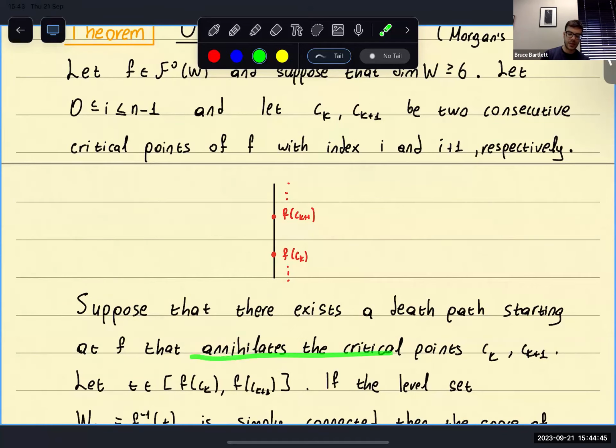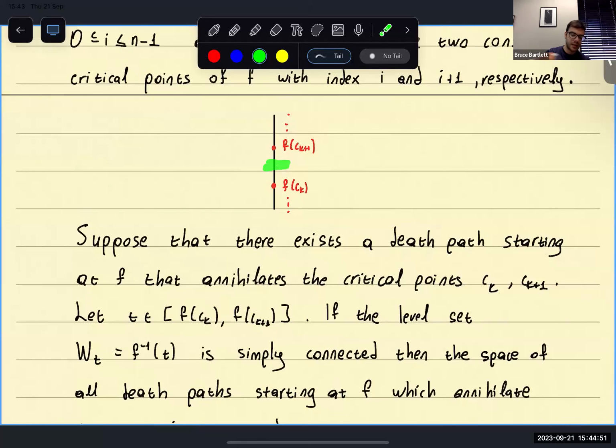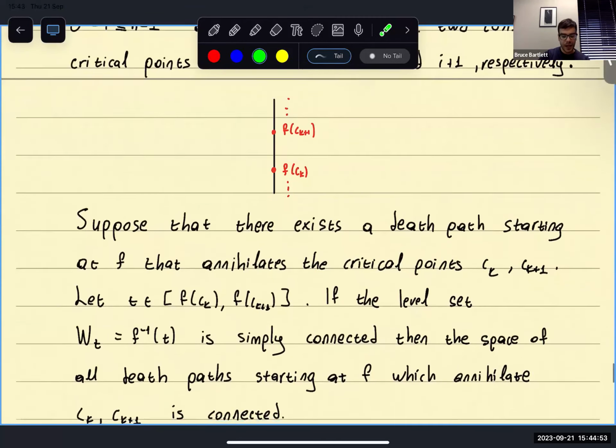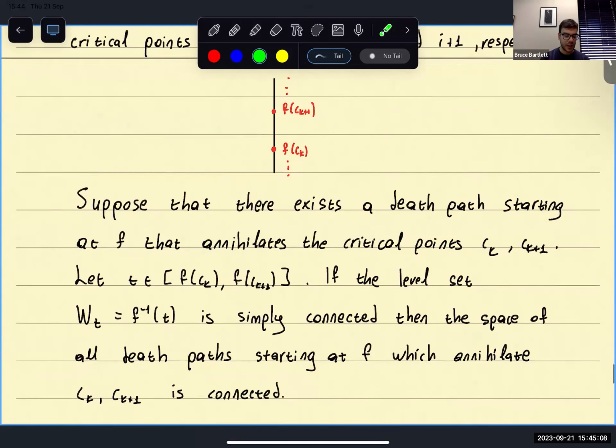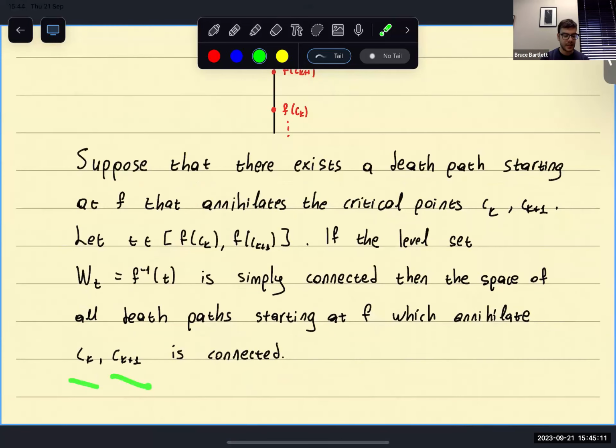Again, take some t in this interval. Now, if the level set is simply connected, a stronger condition than before, then the space of all death paths starting at f which annihilate c_k and c_{k+1} is connected.